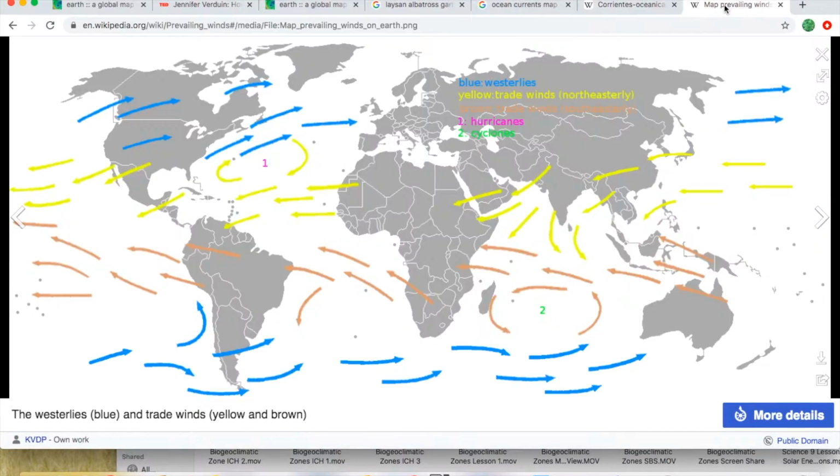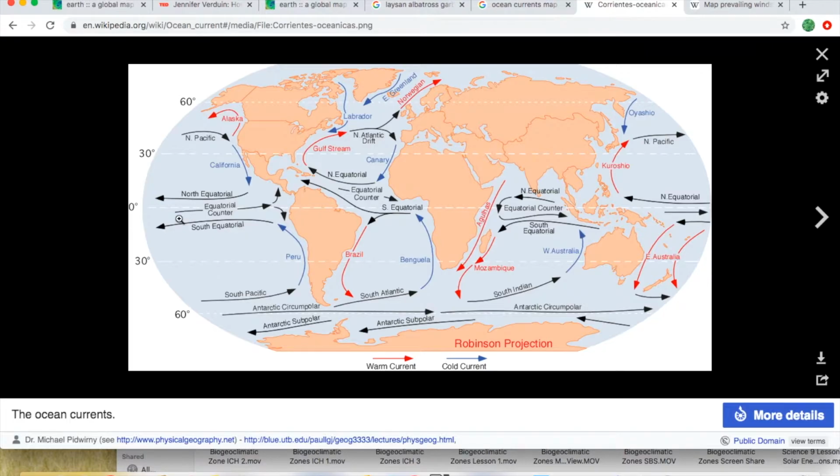Have a look at this. Compare these winds going in this direction with these currents right here. You see the surface ocean currents are going in the same way around the equator here in the Atlantic, and the equator here in the Indian Ocean.